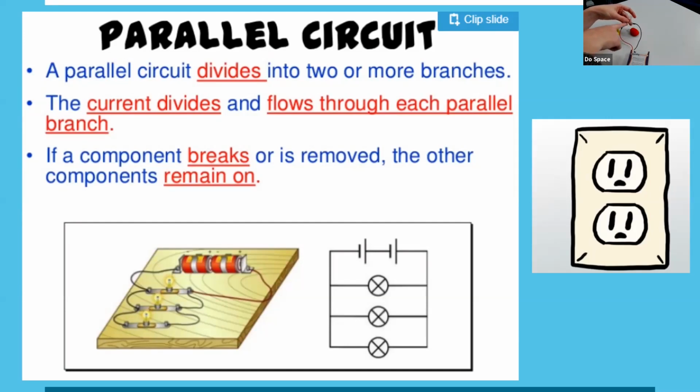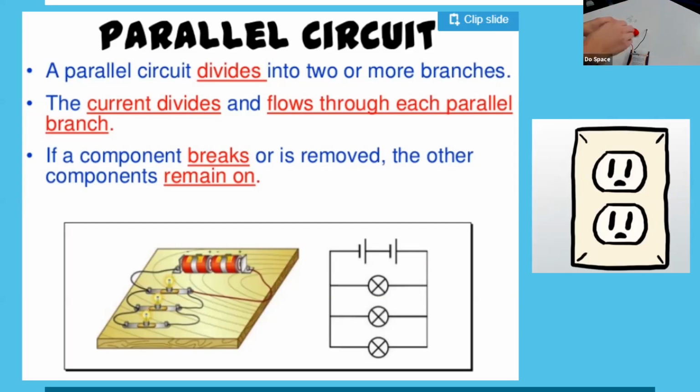But if I did turn this on, it should light up. We'd have our positive lead connected to this positive battery wire, which connects to the positive side of our battery, and our negative leg connected to our negative terminal wire to the negative side of the battery. So that is important. If you switched it around, negative to positive and positive to negative, then it wouldn't work.